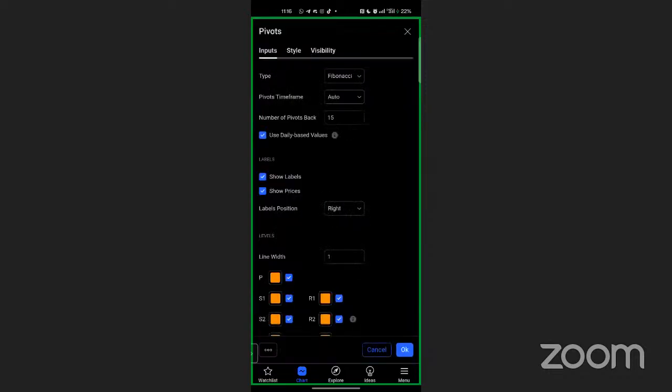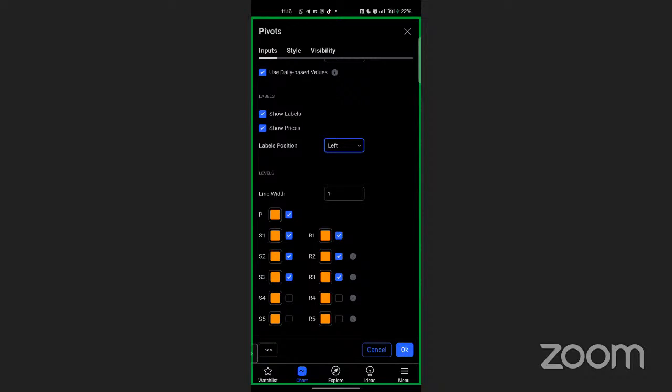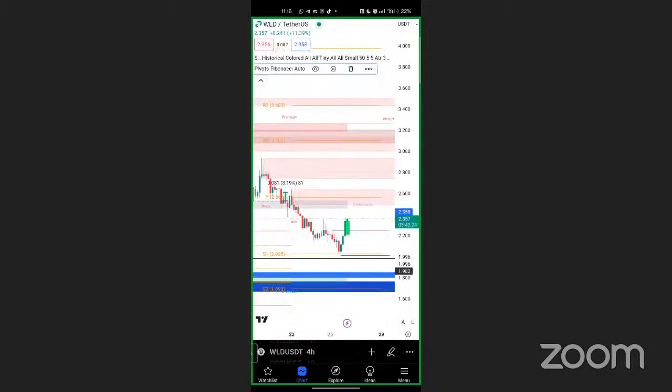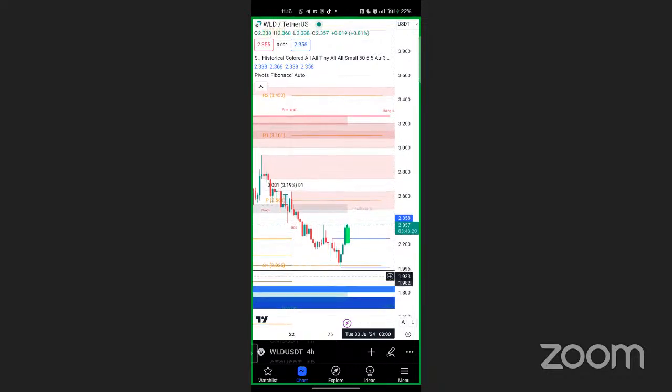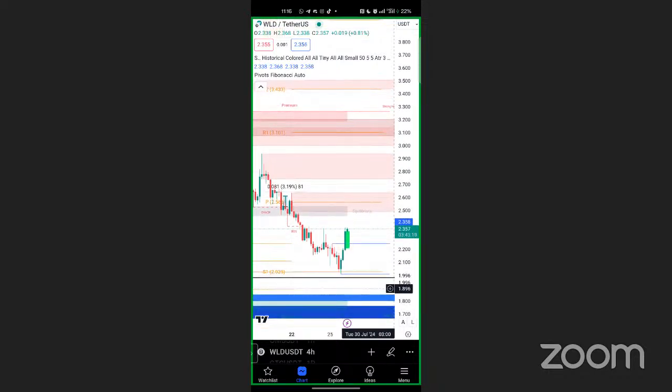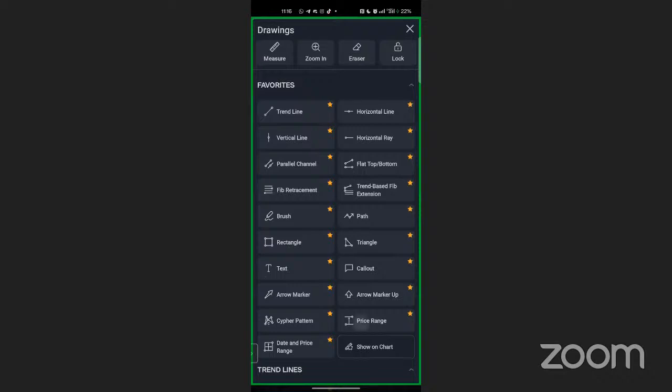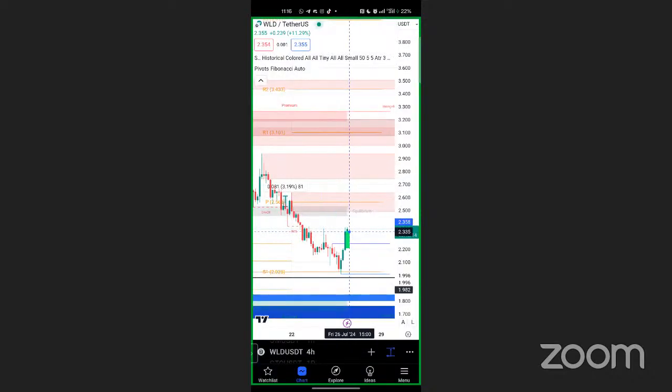Let me look at it. Press to the left. Okay. So it is at an area of support 1. It is easy for this coin to move from support 1 to pivot, but I will take a very little profit.